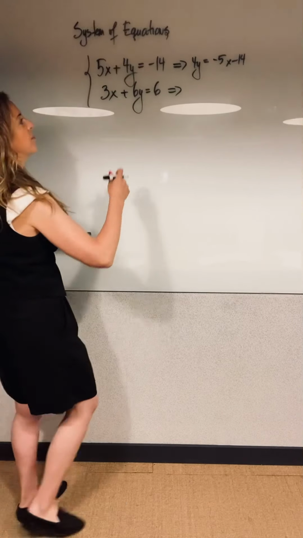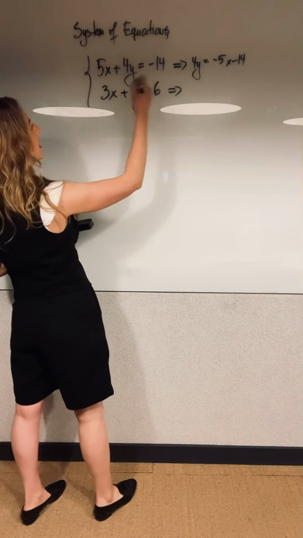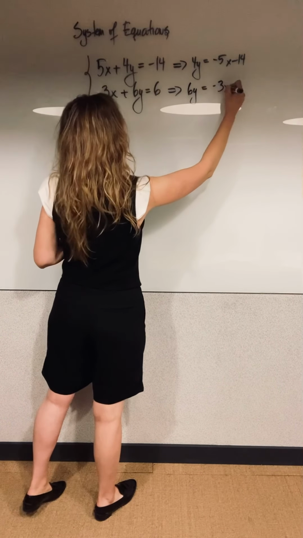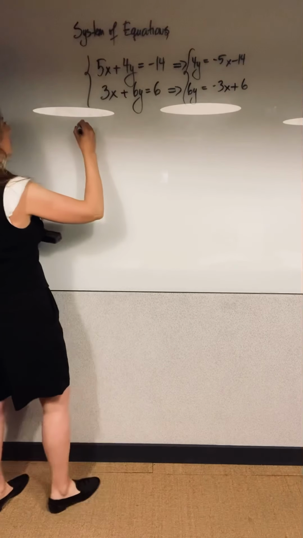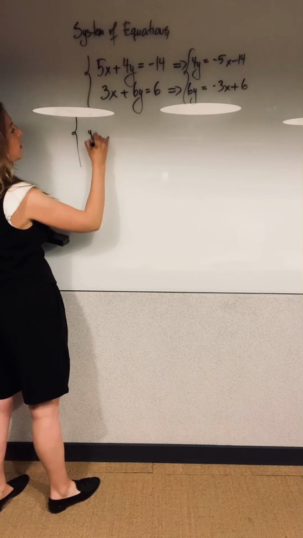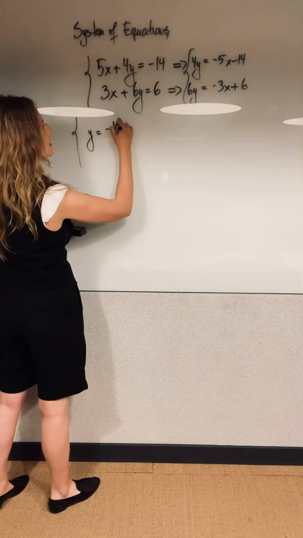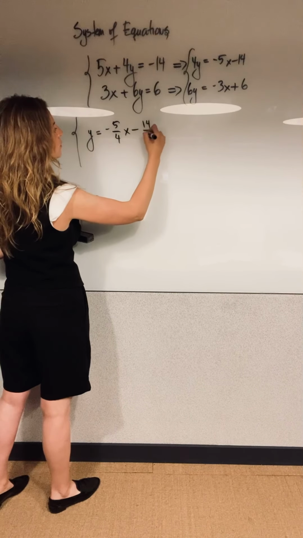Anyways, but we'll continue. Okay, so then here 6y is equal to negative 3x plus 6. All right, I like to keep them together, so we're just going to rewrite it here. So y is equal to, we're going to divide everything by 4 now, right? Minus 5 over 4 x minus 14 over 4.